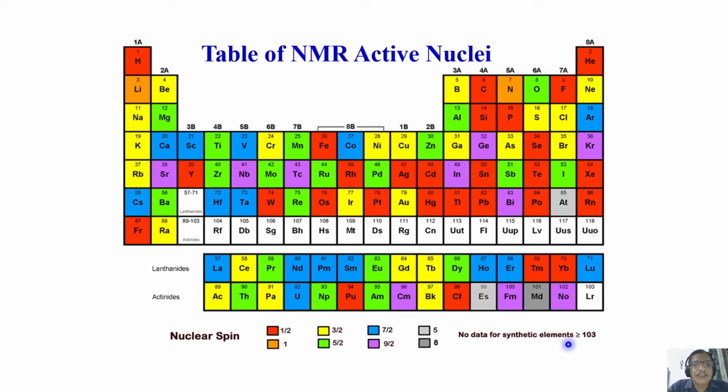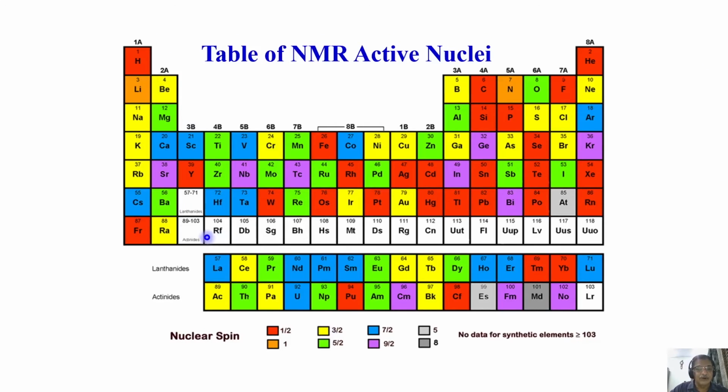Now, let us look at the table of NMR active nuclei. There are a number of nuclei which you can see are NMR active. All of them are colored, and you can see the color code given here. This red color means the spin half nuclei. This yellow means spin 3 by 2 nuclei, like that.